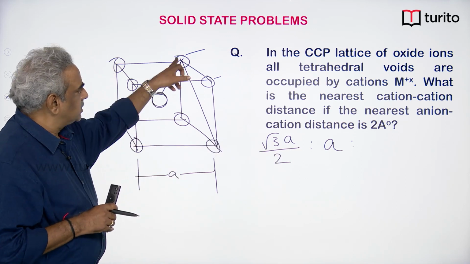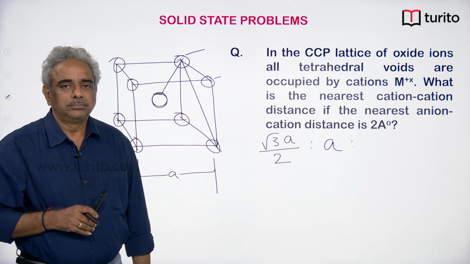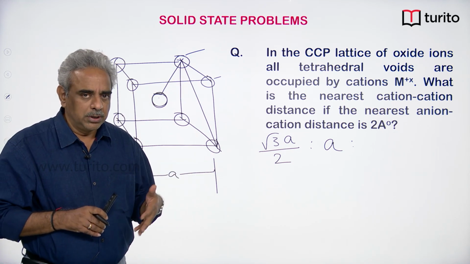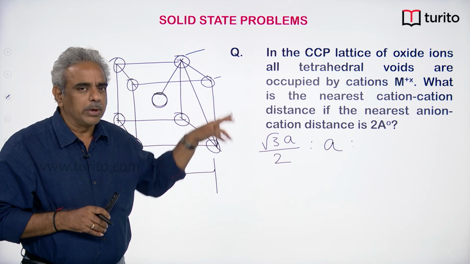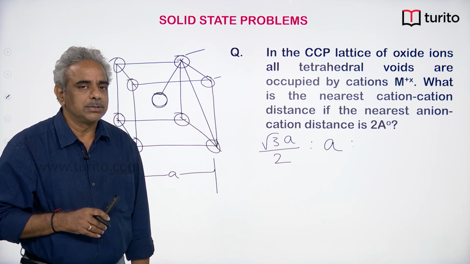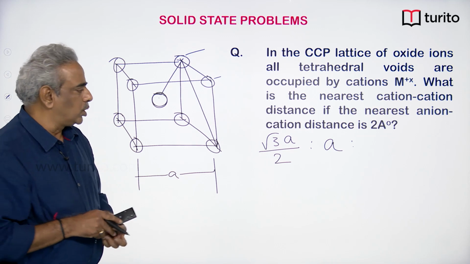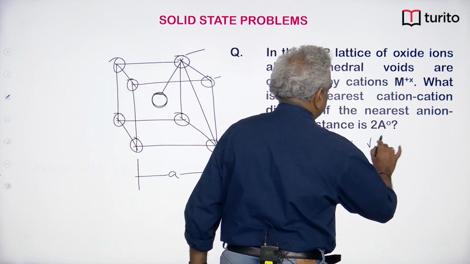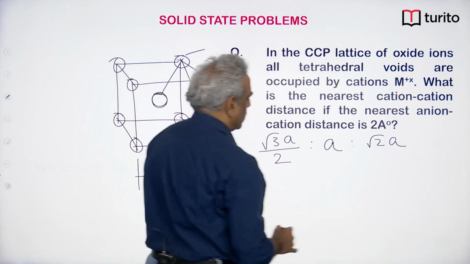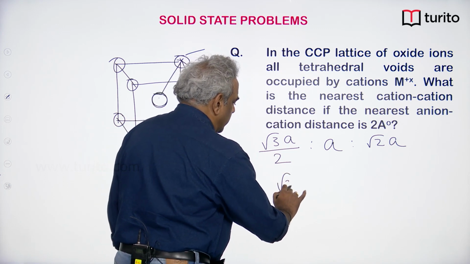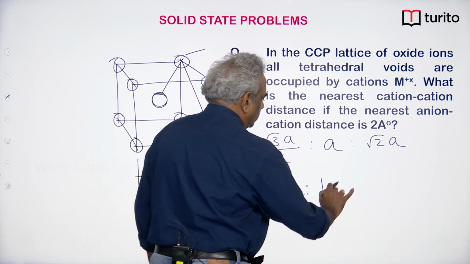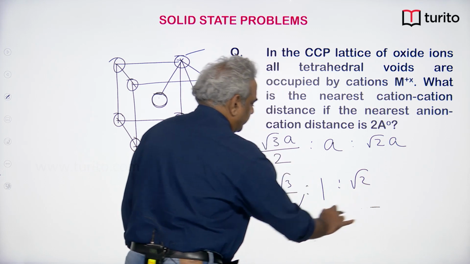The next best is face diagonal atoms, there is no atom in between. So, you can take it as interatomic distance. Face diagonal is what? Root 2a. So, what is the ratio? Root 3 by 2 is to 1 is to root 2.